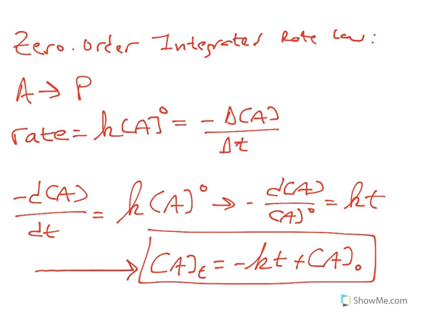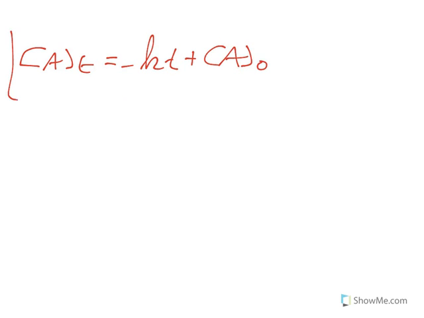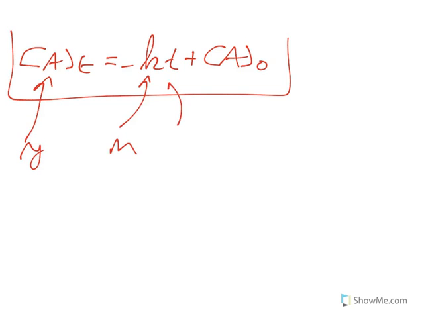All right. And what do we notice about this? I'll move it on to the next page. No natural logs again, that's nice. Well, we see our friends again, y, m, x, and b. And there's nothing too tricky about this plot, all right? On the y-axis, I'm going to have [A]t.